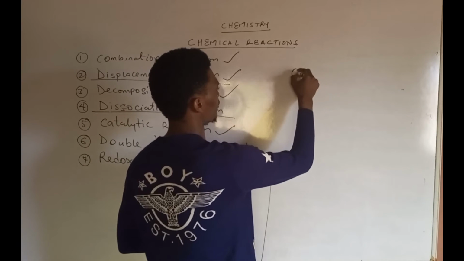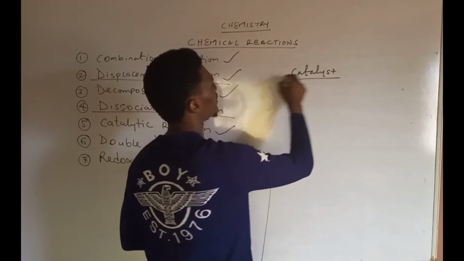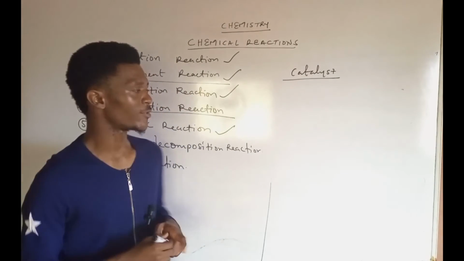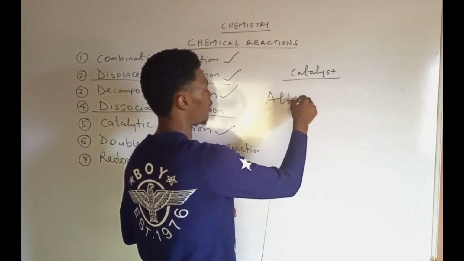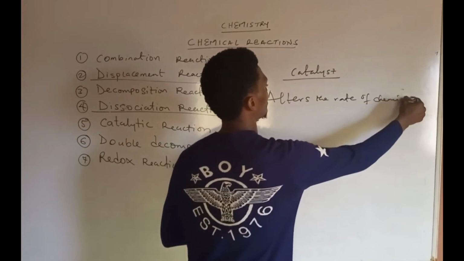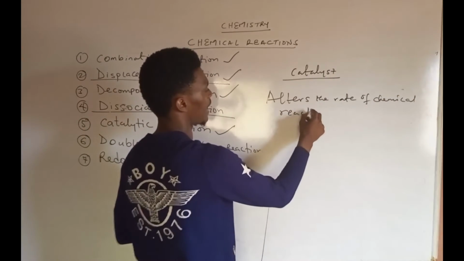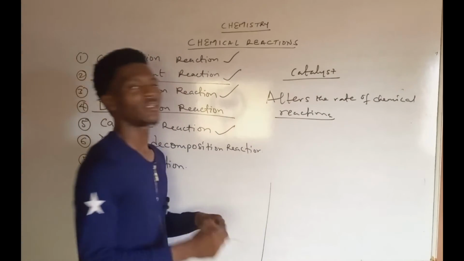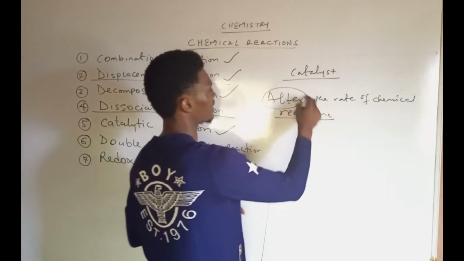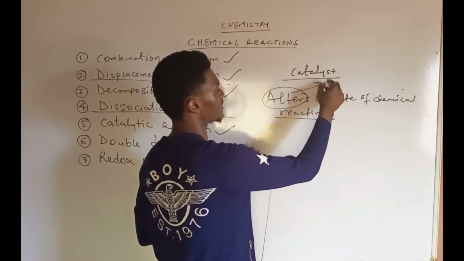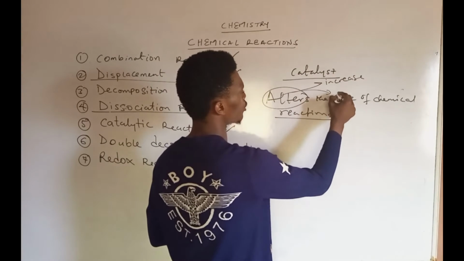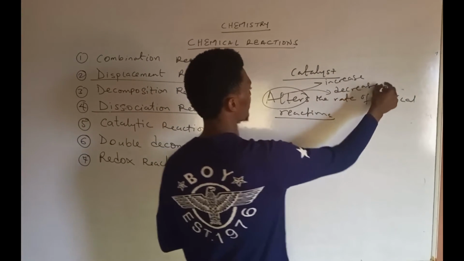And mind you, a catalyst is any agent that alters the rate of chemical reactions. And when we talk about altering the rate of chemical reaction by a catalyst, the altering here simply means that a catalyst can increase the rate of chemical reaction, or it can reduce or decrease the rate of chemical reaction.